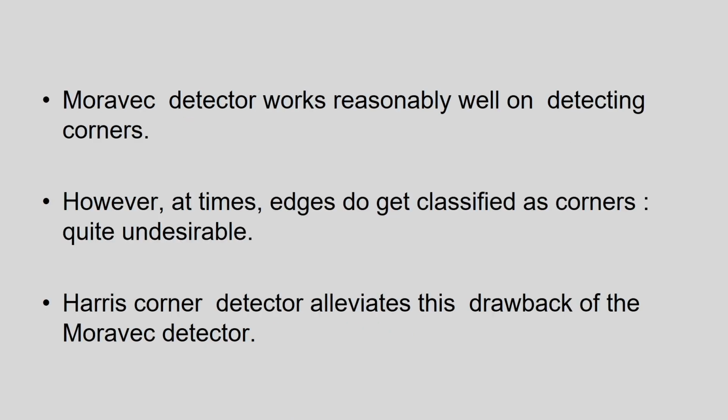So, it is a good corner detector, but sometimes we have false positives. Edges are detected as corners, that is the problem of the Moravec corner detector. So, for this we can consider another corner detector, that is the Harris corner detector. Now I will discuss the concept of the Harris corner detector.